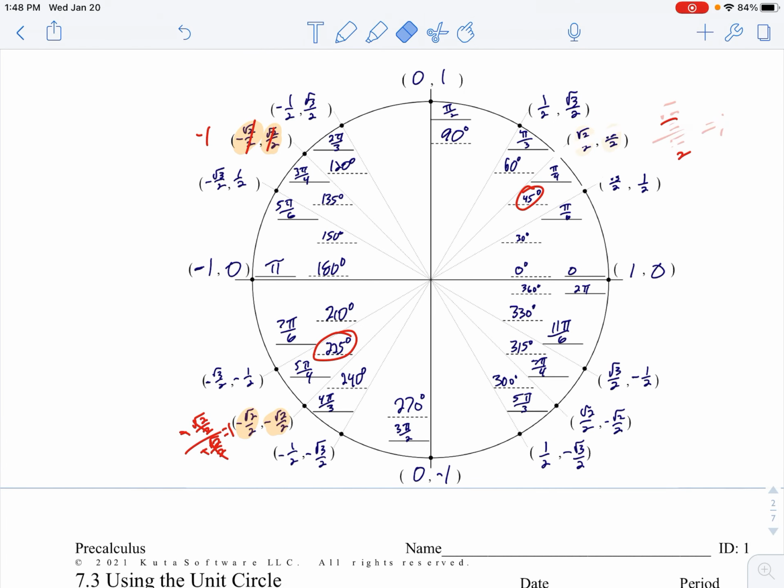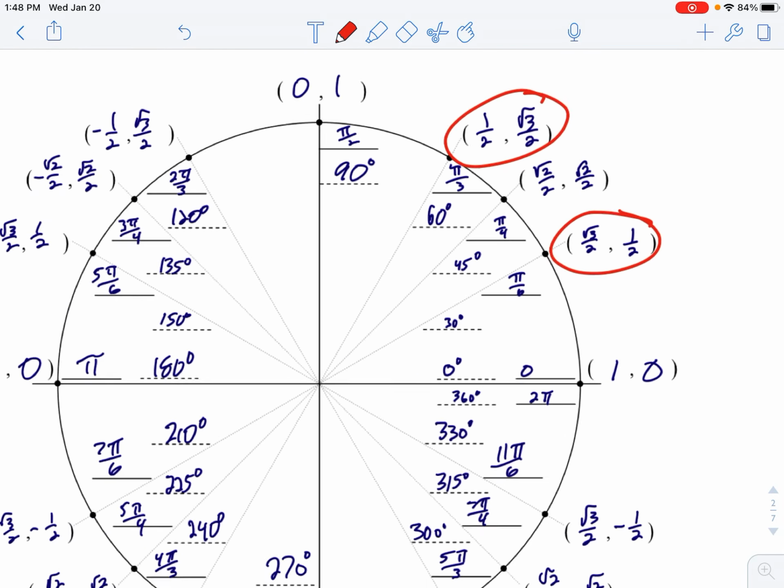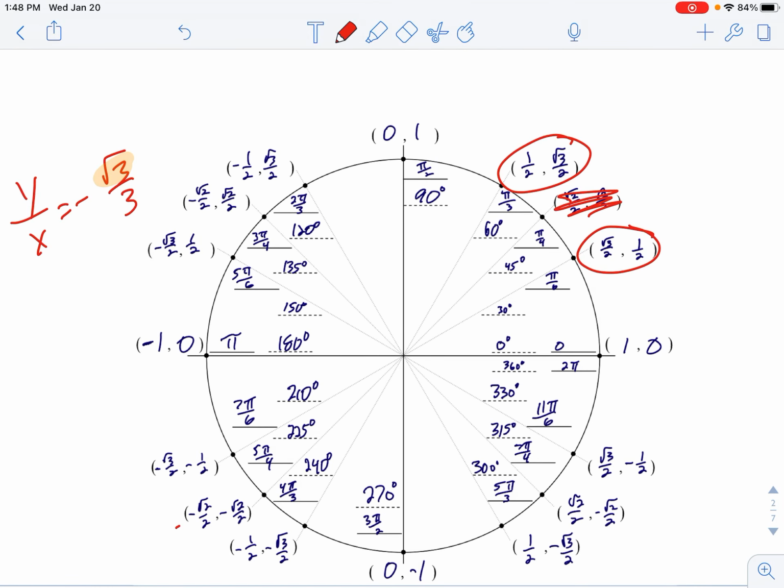First I've got to erase all my scribbles from the previous problem. So we're doing tangent, looking for a y divided by x that equals negative square root of 3 over 3. First of all, we're only going to pick points that have a square root of 3 in them. It could be this one, or maybe that one. No square root of 3 in there, not in here.